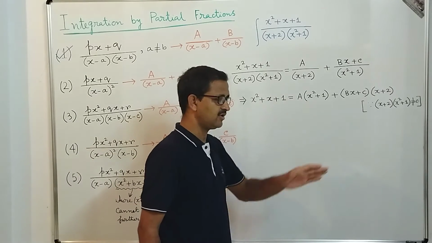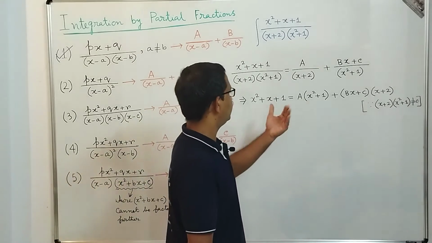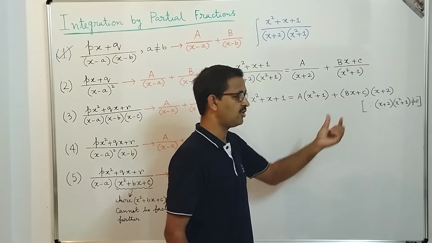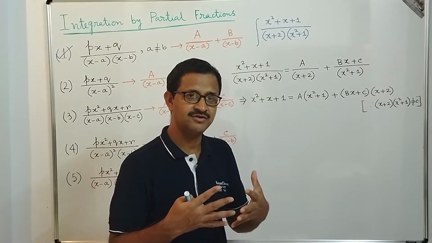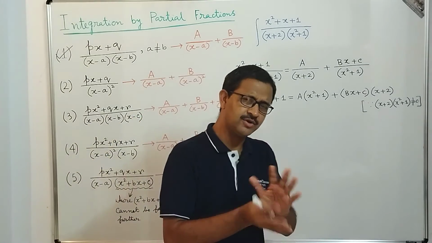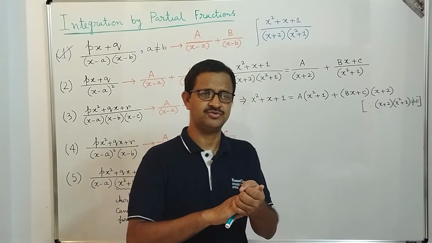Or you can equate the coefficients of the like terms on both sides of this identity. Both methods are possible.